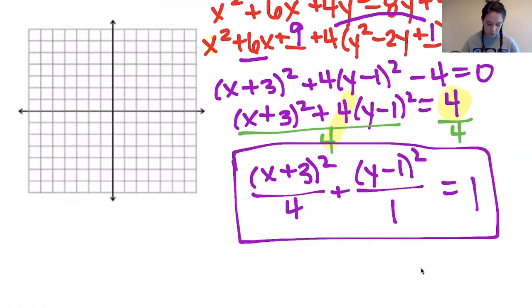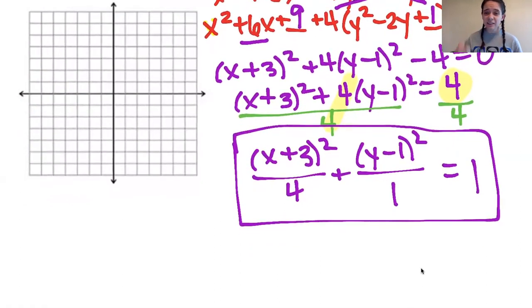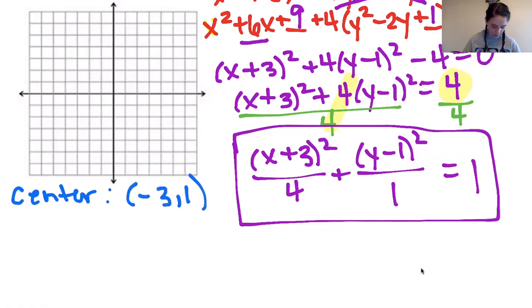We know that this is an ellipse, and we know that it's horizontal because the bigger denominator is associated with that x squared. So let's identify everything that we need to. Our center is going to be at (h, k), negative 3, 1. Then we need our vertices.